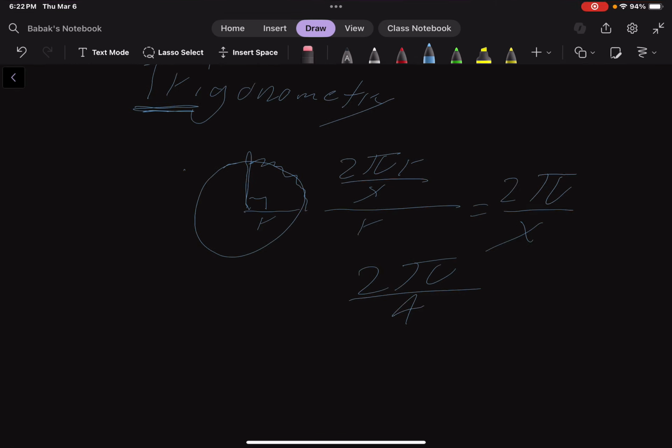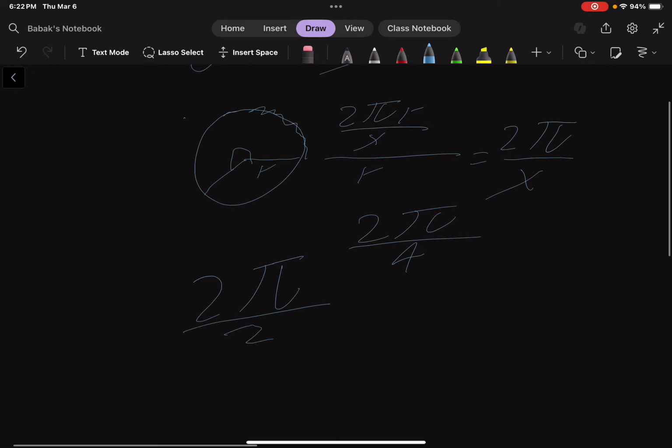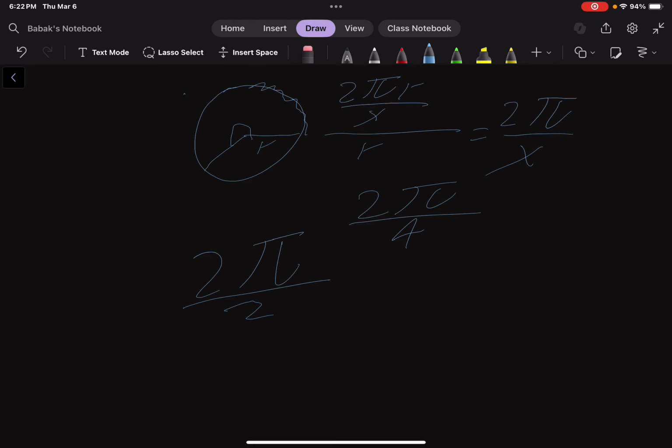Similarly, if we take 2/3 corresponding to this angle, this will correspond to 2 pi over 2 over 3. No, sorry. I seem to be making a mistake here.